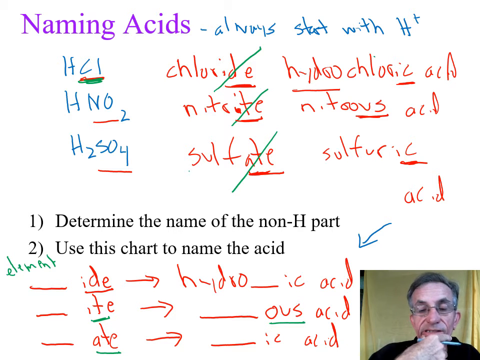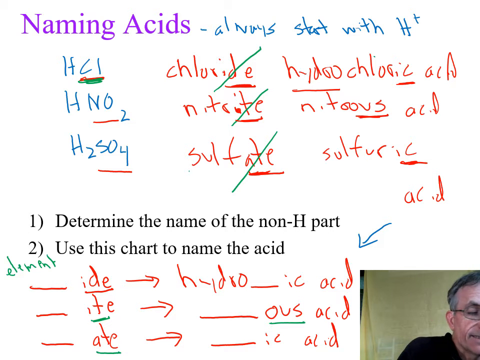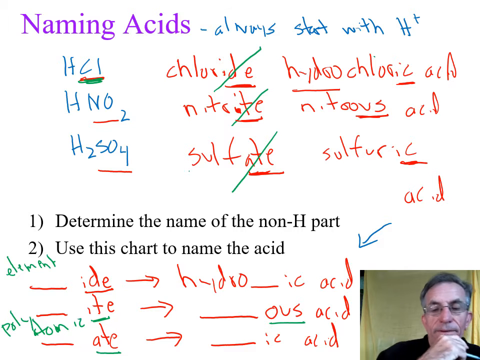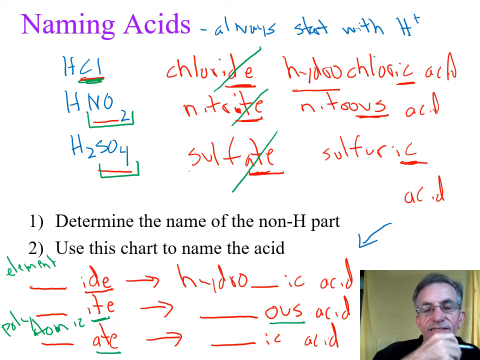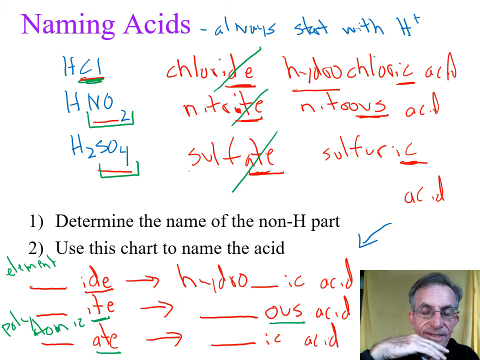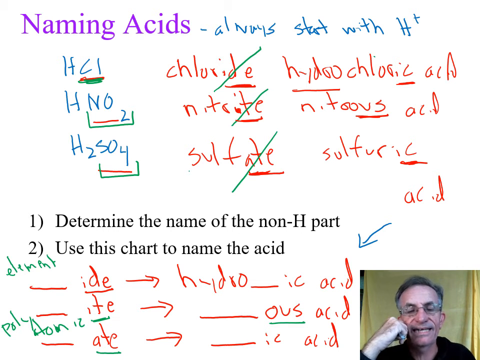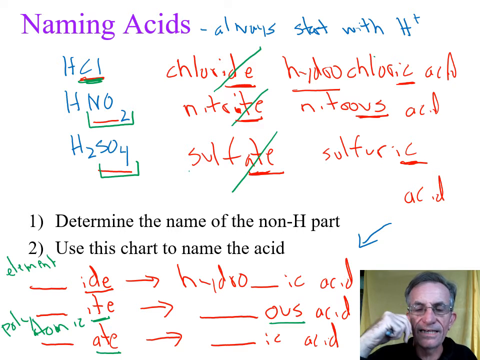Ite and ate, you might remember ites and ates, those were the endings for polyatomics. So if your non-hydrogen part of the formula, the thing that ain't hydrogen, is a bunch of atoms, nitrogens and oxygens, sulfurs and oxygens, if it's a polyatomic, you're going to use one of the bottom two lines on this chart, because polyatomics typically end in ate or ite. There are a couple exceptions there, but almost always they end in ate or ite. All right, so that might help you keep it straight.